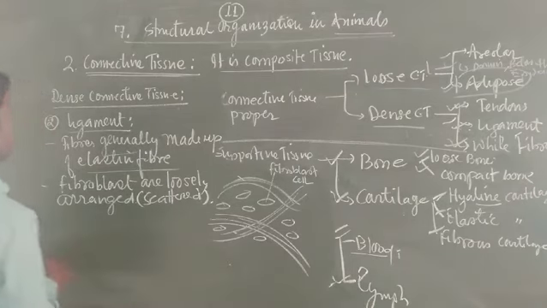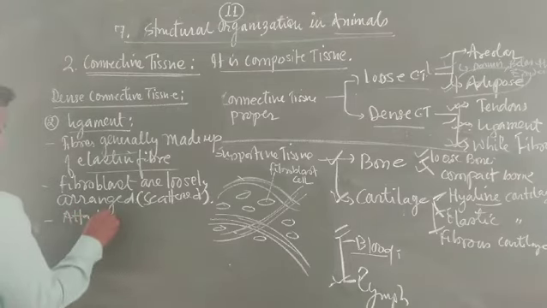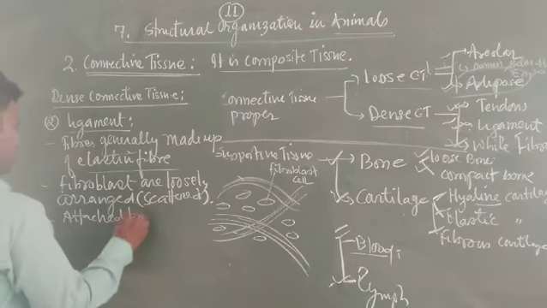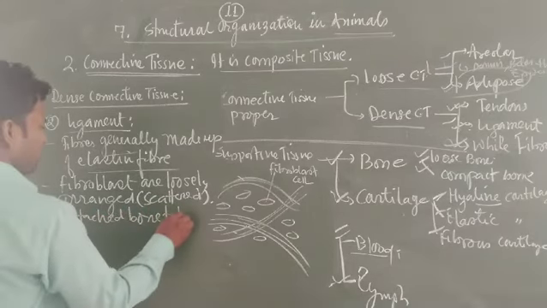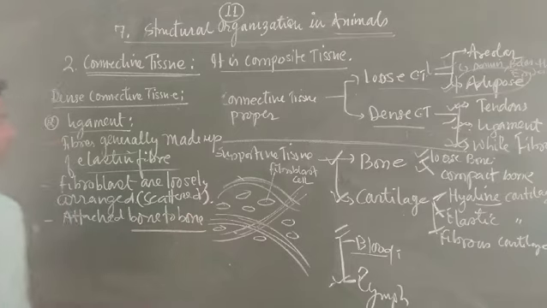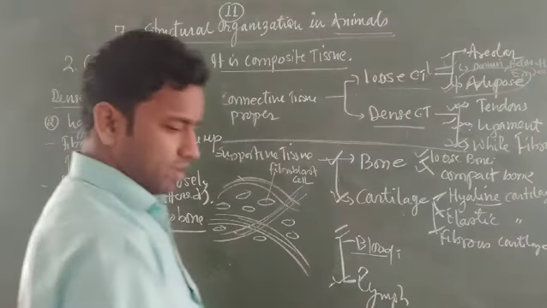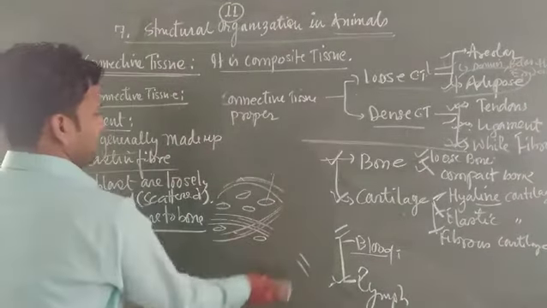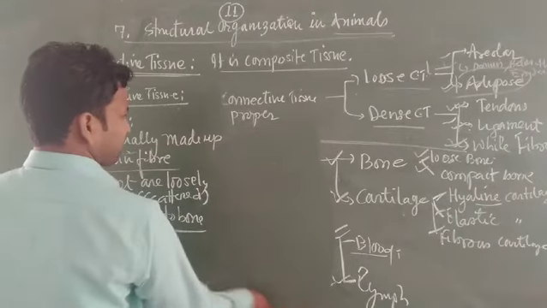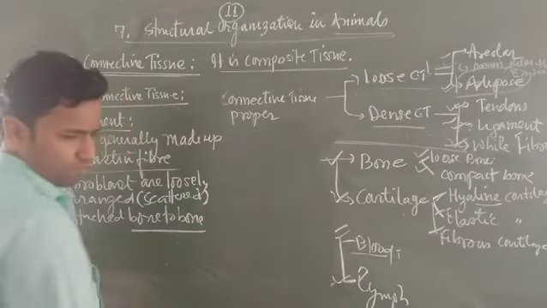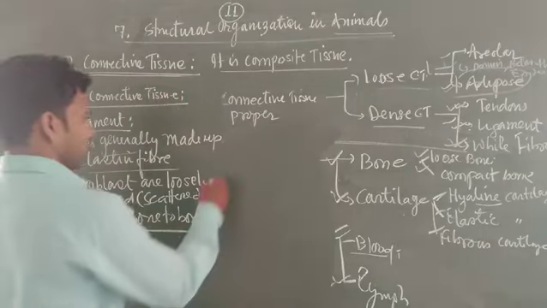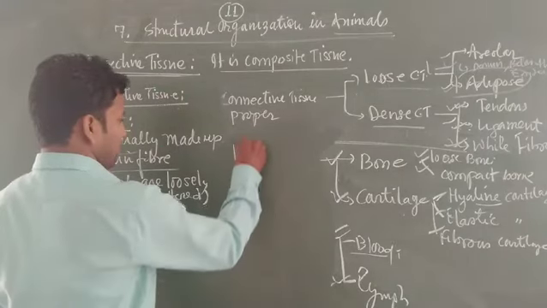Ligament helps to attach bone to bone. You can understand this by a diagram. Suppose this is a hand.